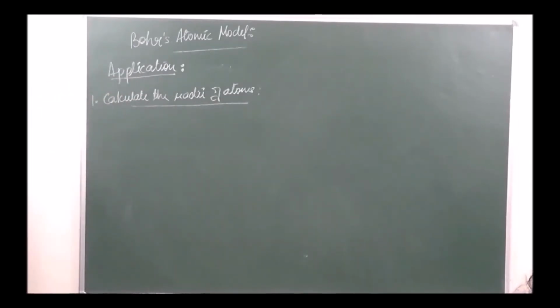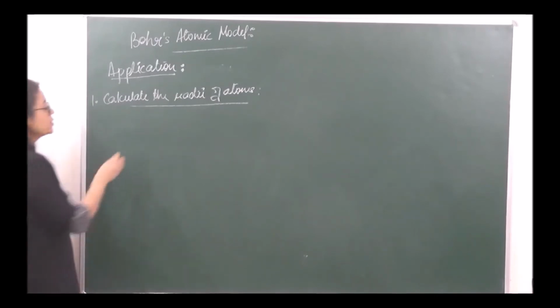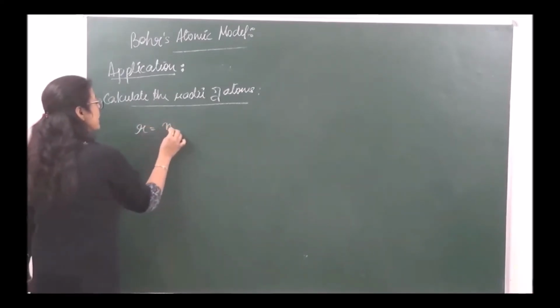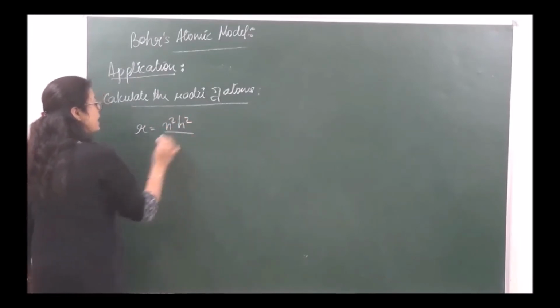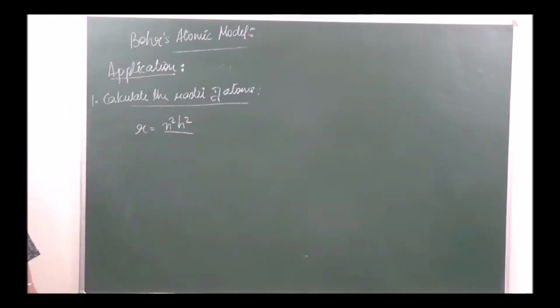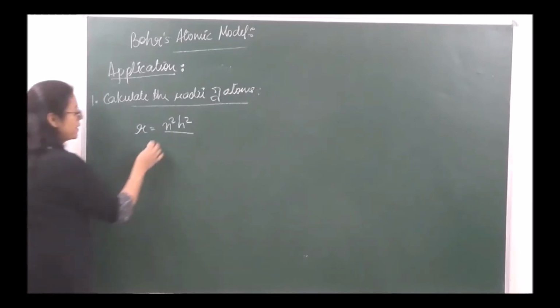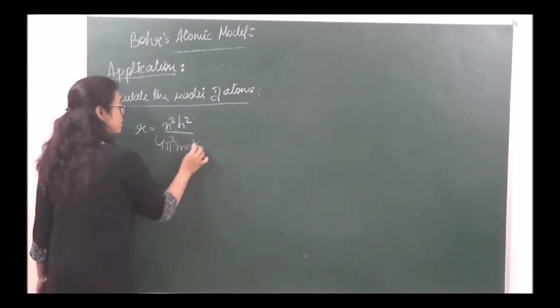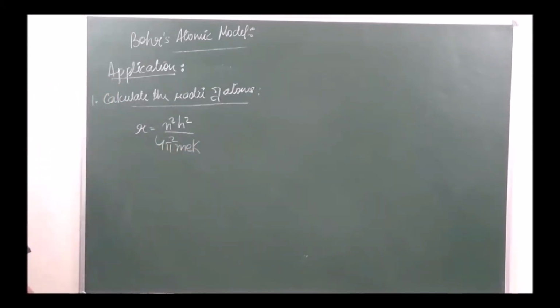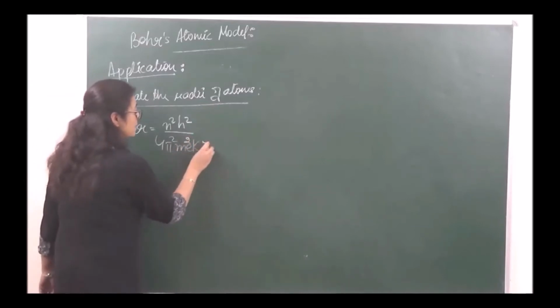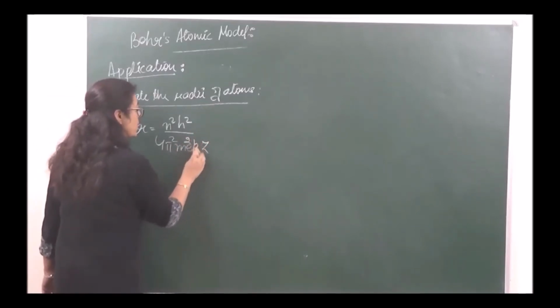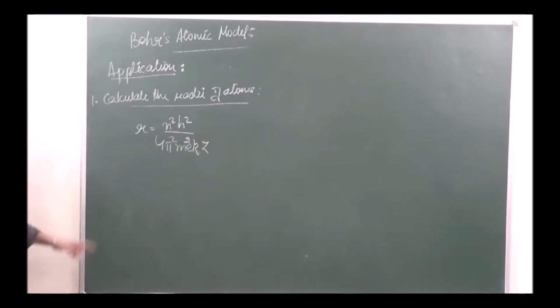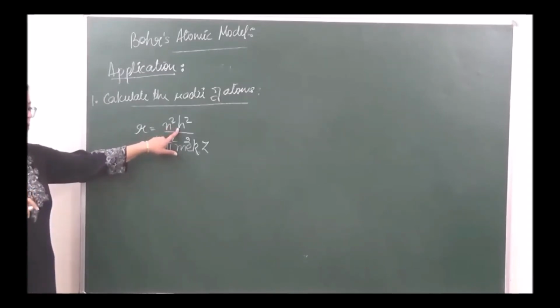When calculations were made by Bohr, according to Bohr, the radius of any orbit was given by n square h square upon 4 pi square m e k into Z. So what does everything denote over here? h is the Planck's constant.